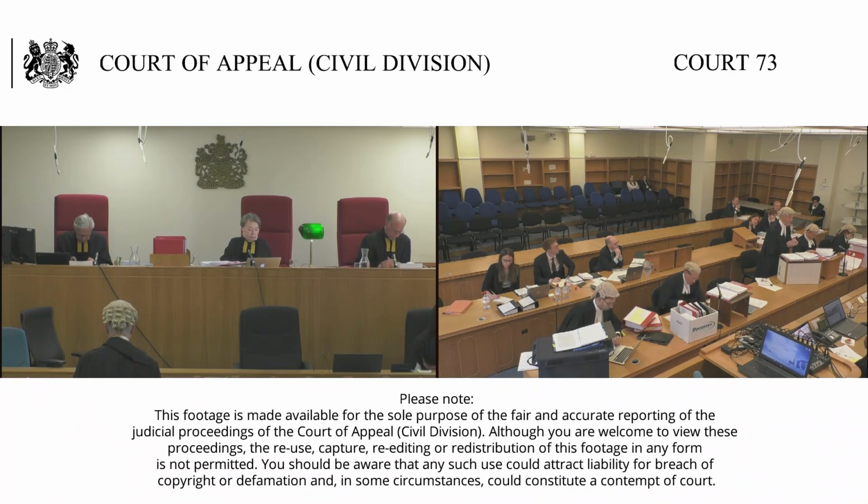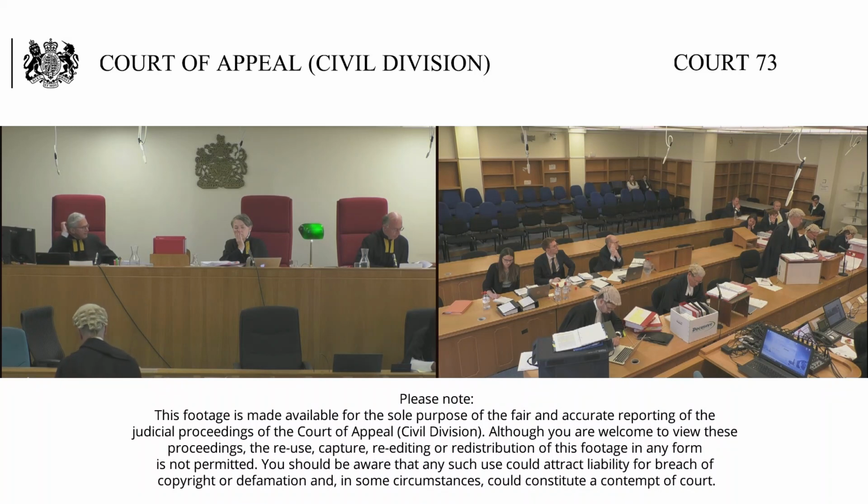We could in theory have gone out and done this by way of third-party disclosure orders before the application for permission to serve out was launched. Well, they're under no obligation to give you that information, so how can it be practically obtainable?